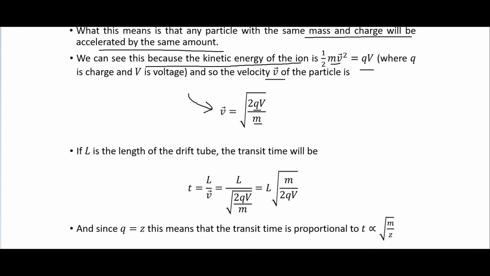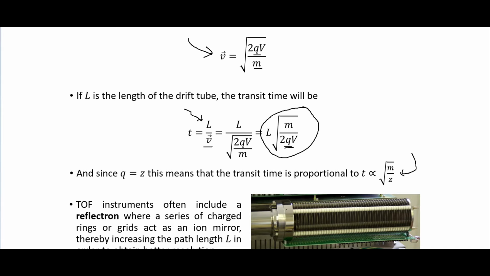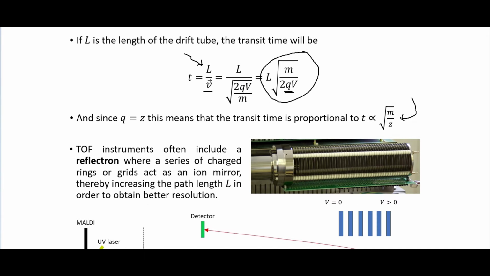If L is the length of the drift tube, the transit time will be this. We just do L divided by our velocity here. And so we end up getting this right here, where we see that this is proportional to M over Z, where remember Q and Z are kind of the same thing. So again, we can get this M over Z here, which is the thing that we are interested in.